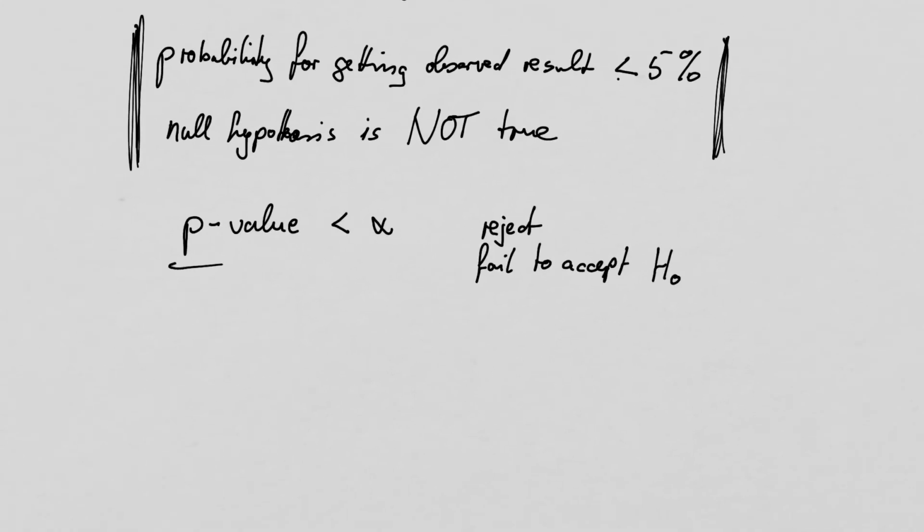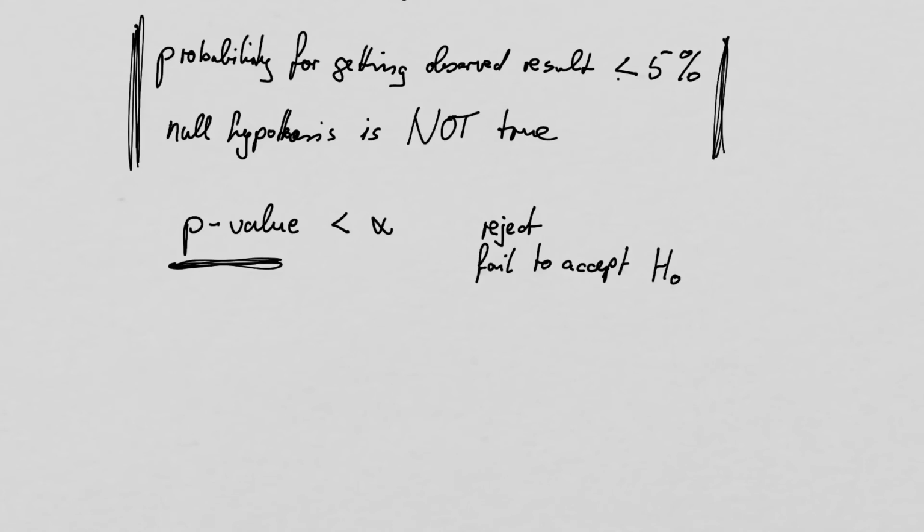The p-value is just simply a decision-making tool. Is the evidence strong enough to convict the defendant or not?